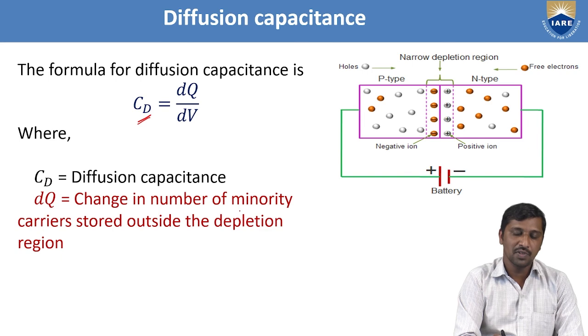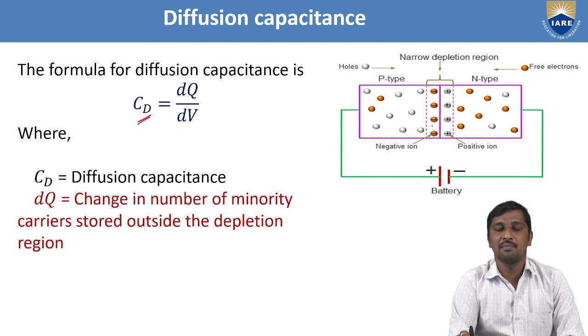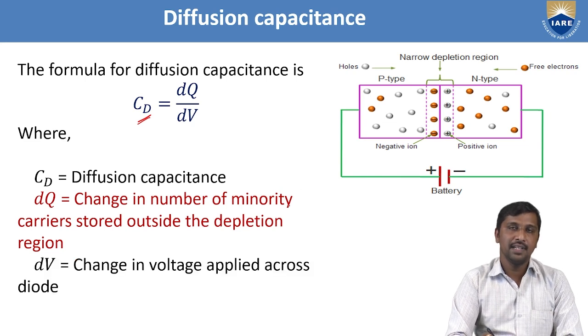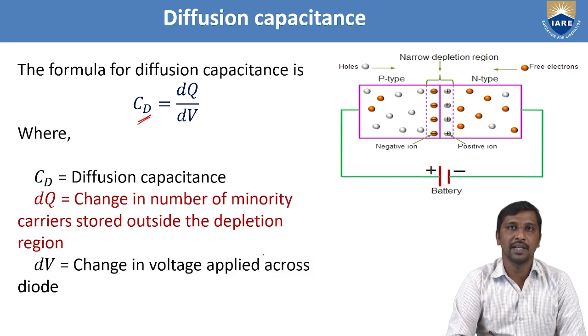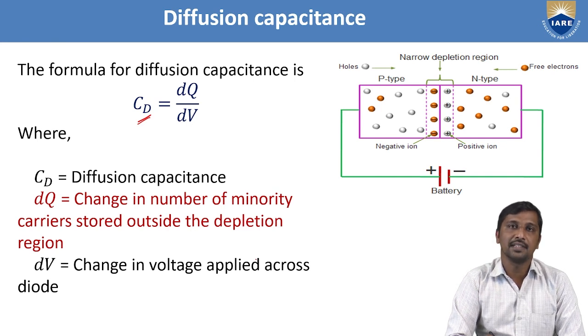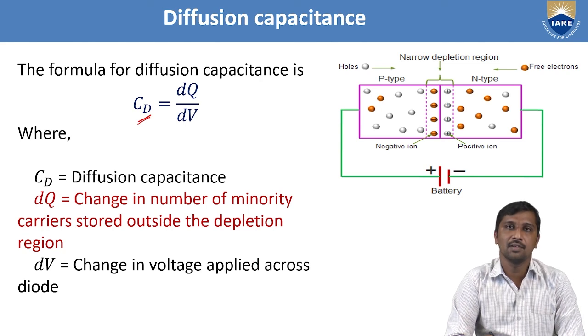Due to this storage of minority charge carriers outside the depletion region, it acts as an energy source, which means it stores some amount of energy before it recombines with the majority charge carriers. And dv is how much voltage we are going to apply. So if the biasing energy changes, the rate of change of minority charge carriers also changes. From that point, we are observing the diffusion capacitance of the PN junction diode under the forward bias condition.